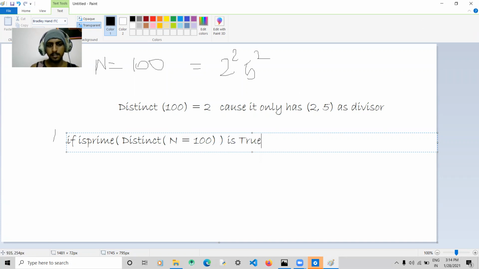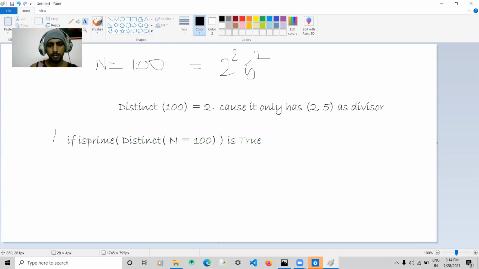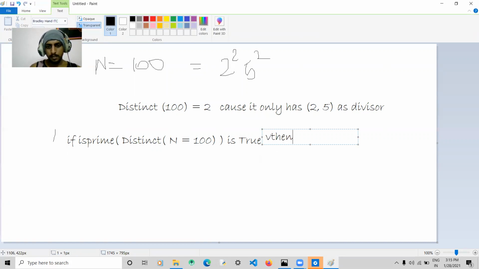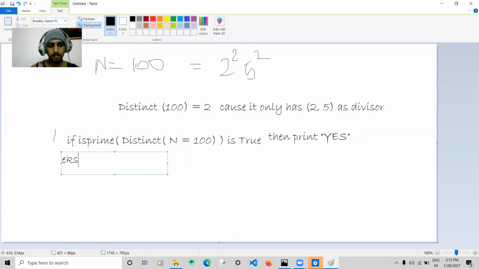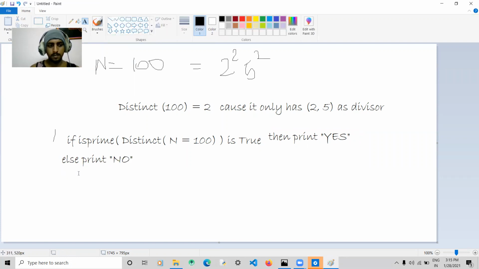So in this case, for 100, we know that 2 is prime, then print yes, else print no. So this will be the logic.